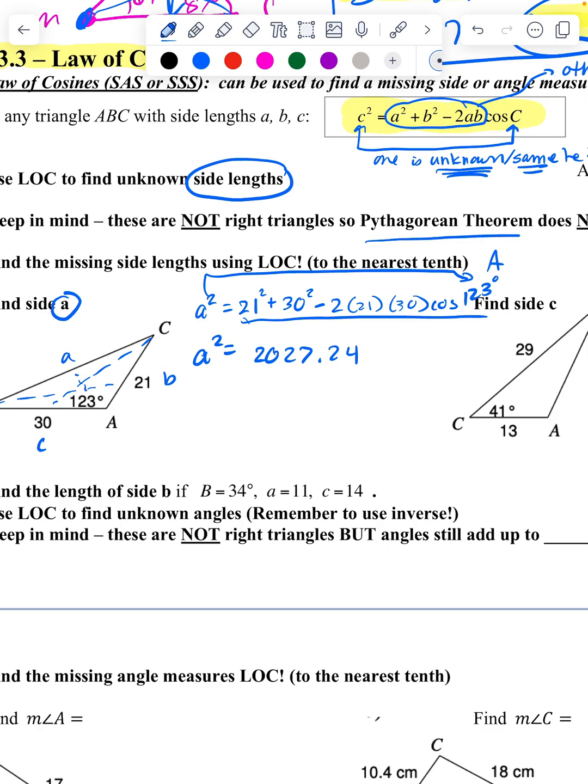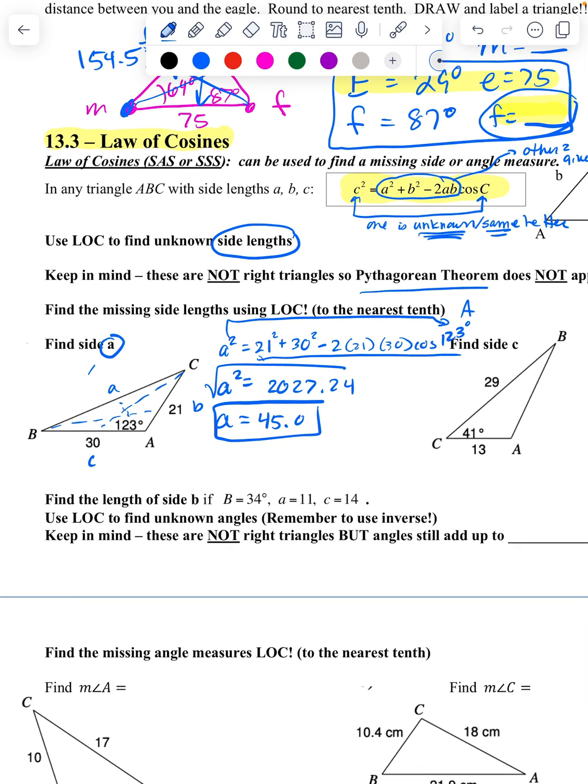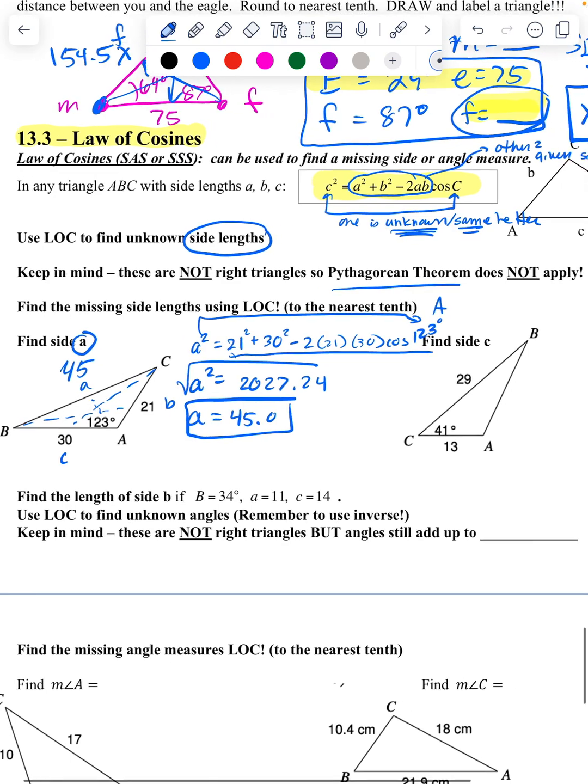But that's not A, that's A squared. So we square root the whole thing, not worried about plus or minus, since it's the length of a side and can't be negative. That comes out to about 45.0. That makes sense when I look at the picture, because this should be bigger than both of the others since it's across from the biggest angle. Okay, that is easy enough.